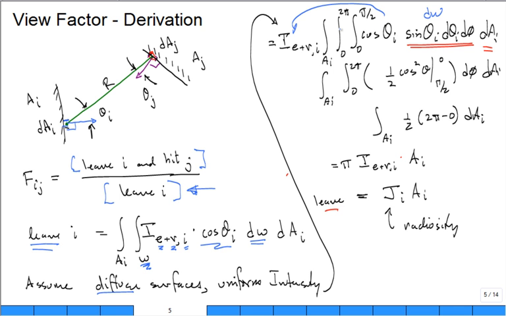Haven't we done that integral before? Over the hemisphere? We did, didn't we? And so that integral turns into 1/2 of 2 pi minus 0, which is simply pi.